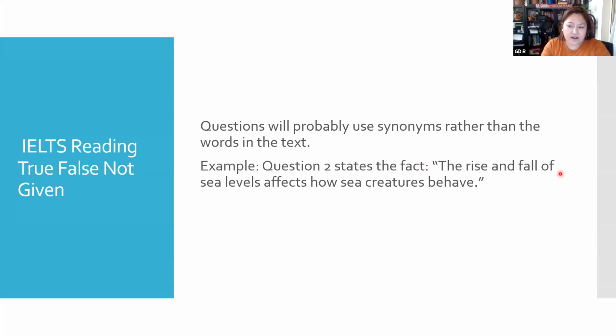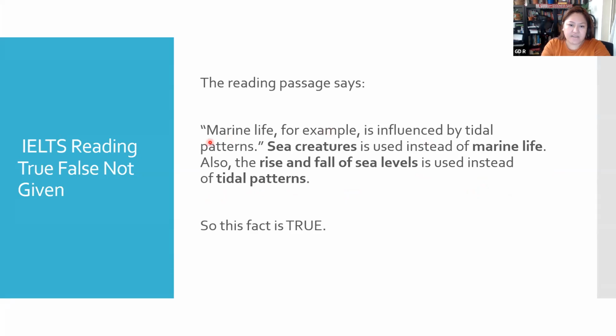The rise and fall of sea levels affect how sea creatures behave. So this is the passage. Marine life, for example, is influenced by tidal patterns. So this is the passage there. So sea creatures here is used instead of marine life. Also, the rise and fall of sea levels is used instead of tidal patterns.